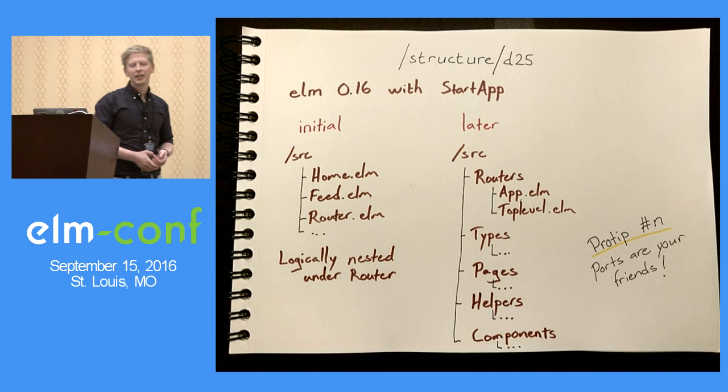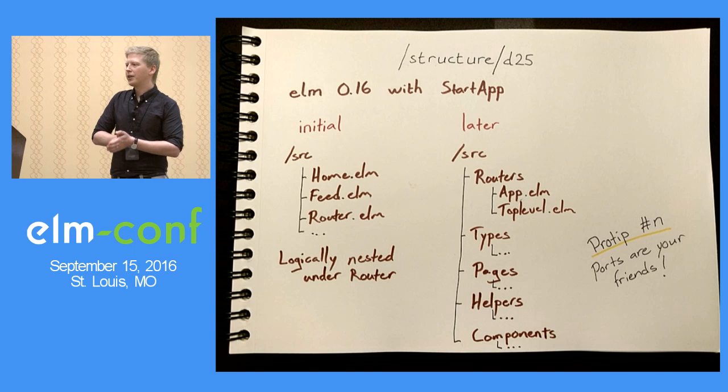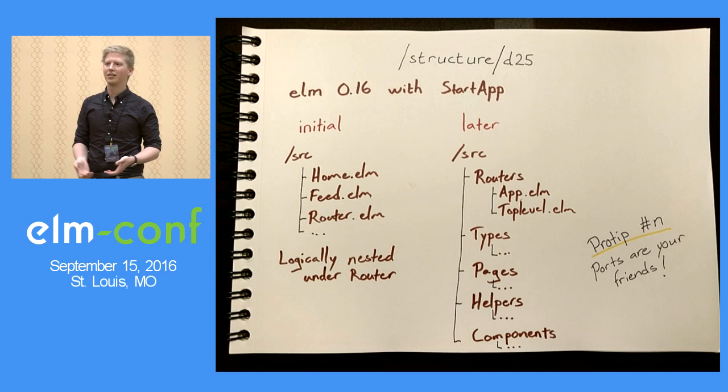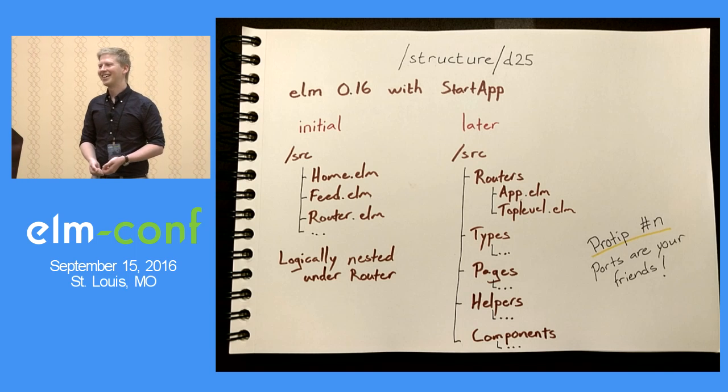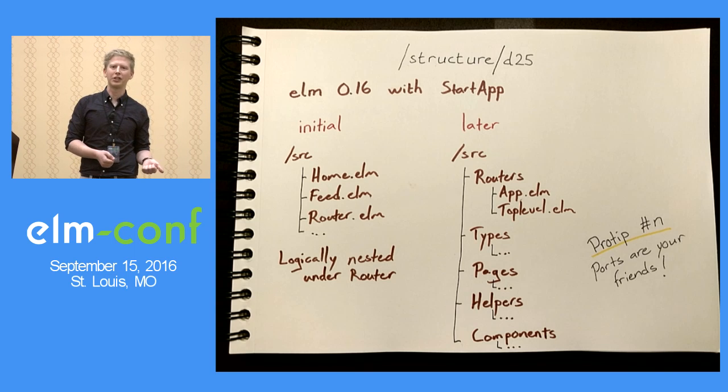Okay, the second application that we built was started with the Start app, which is basically what elm-017 is. So the initial model, based on what we found worked in the previous project, was that we just put all the files in one folder, and that's it.